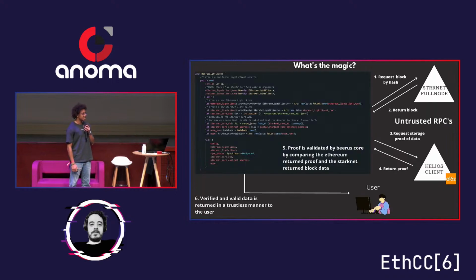I want to explain a little about what the magic is, what Beerus is actually doing under the hood. To explain, I'm first going to explain the architecture of the Starknet blockchain. You have Ethereum L1, the layer 1 solution that we all know and love, and then we built Starknet on top.